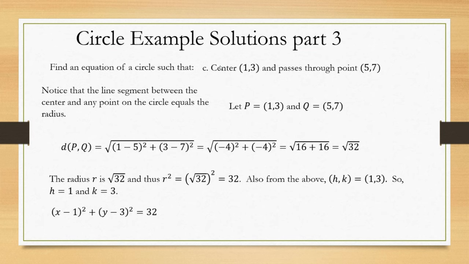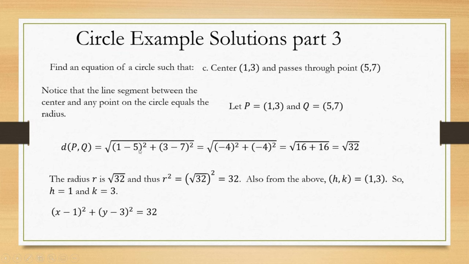So I say, let P be one of the points and Q the other point. We want the distance between P and Q. Here is how we calculate it, using the distance formula. You can see we have 1 minus 5 squared.